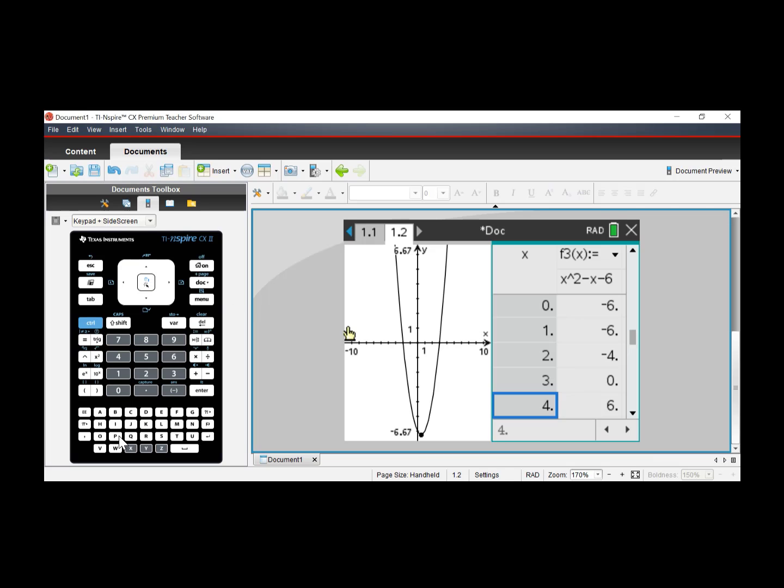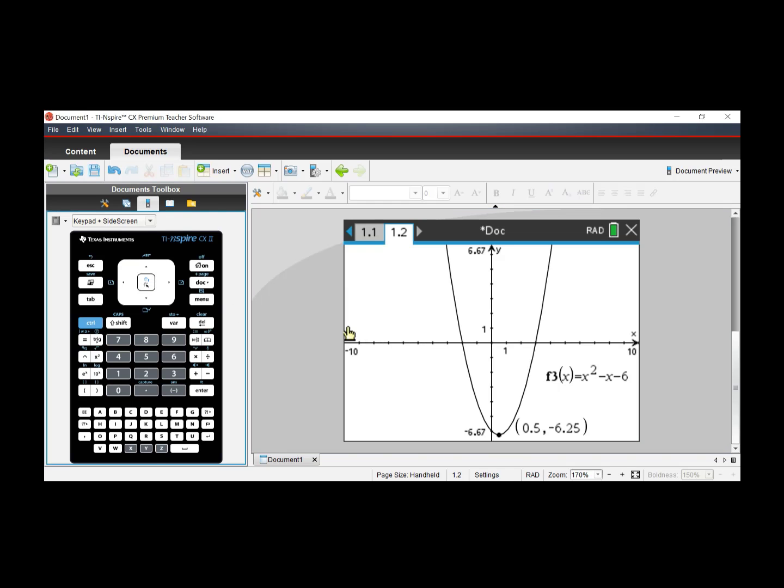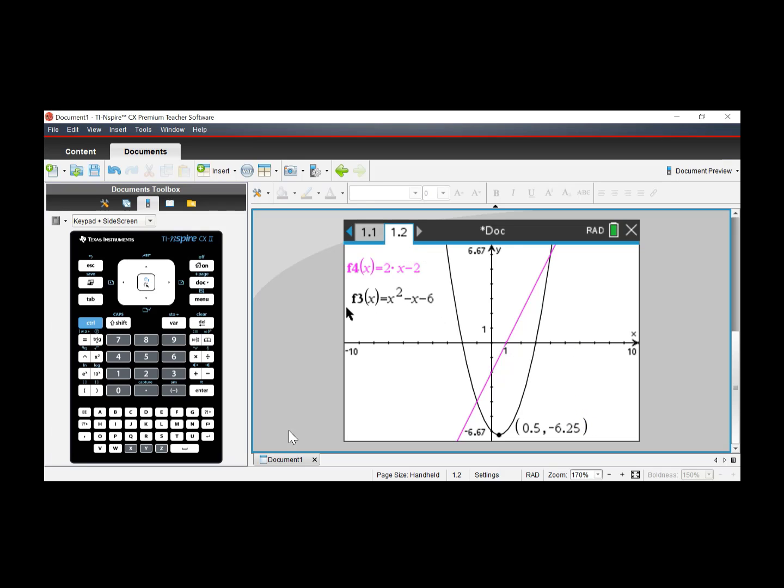So now we're going to turn off the table, Control T again. Now we're going to tab up so we can put in our line, which was y equals 2x minus 2. Hit enter. I'm going to use the geometry menu to find those points of intersection. I'm also going to move my equations out of the way.